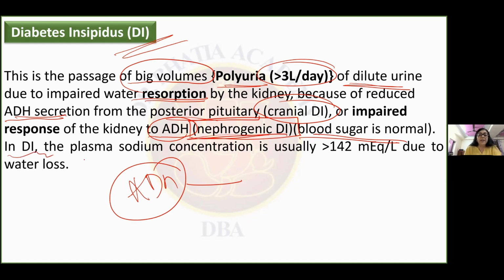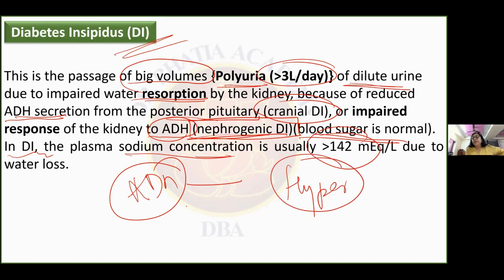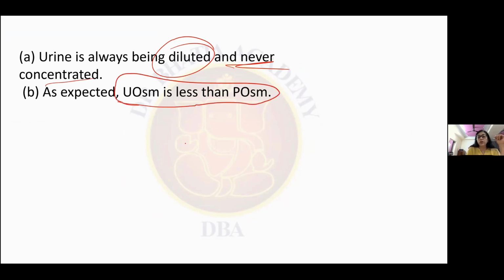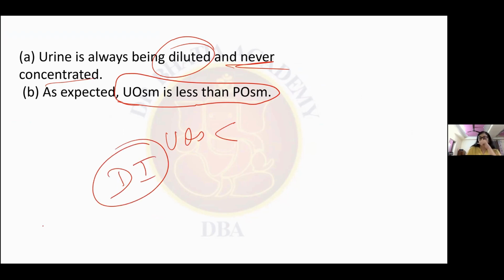In diabetes insipidus, the plasma sodium concentration is very high, so hypernatremia is a hallmark feature of diabetes insipidus. Urine is always dilute and never concentrated, so the urine osmolality is less than plasma osmolality. If urine osmolality is low, you are dealing with diabetes insipidus.